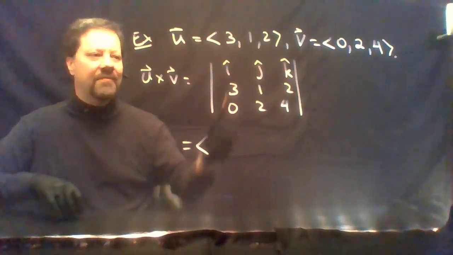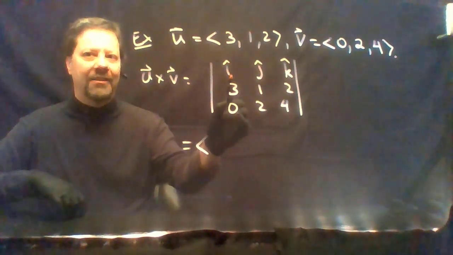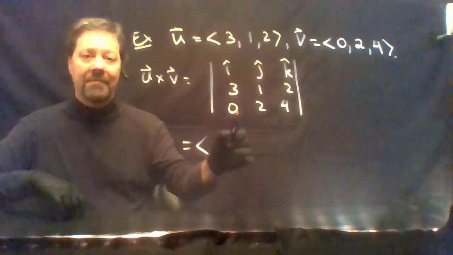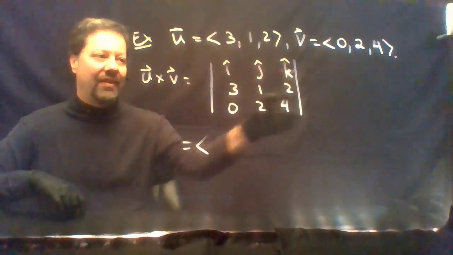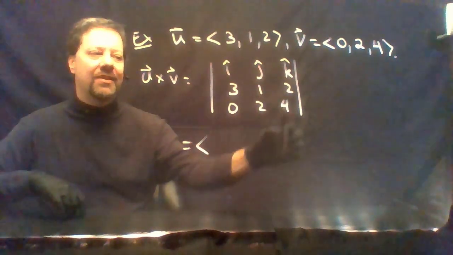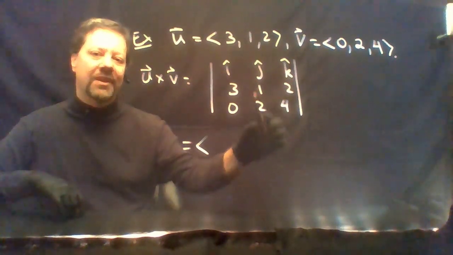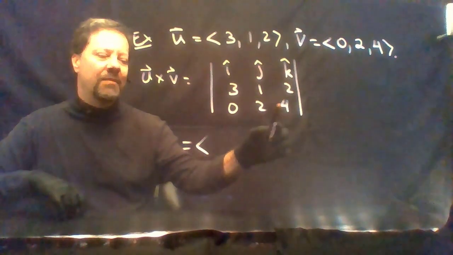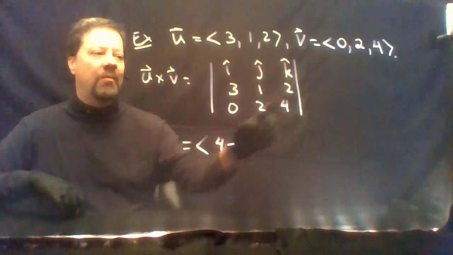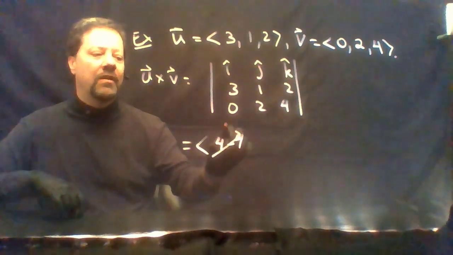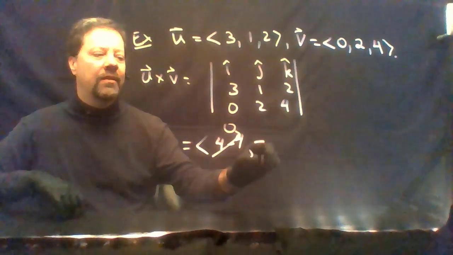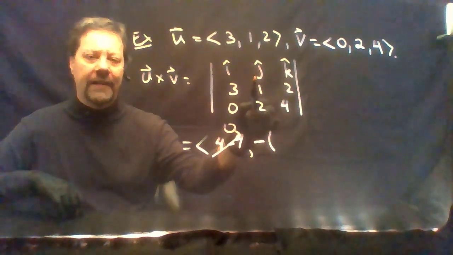What do we get? For the I cofactor, remember you cross out the column containing I and the row containing I and just deal with this lower submatrix in the lower right corner. That's going to be 4 minus 4, which is 0. We get a minus on the middle cofactor.